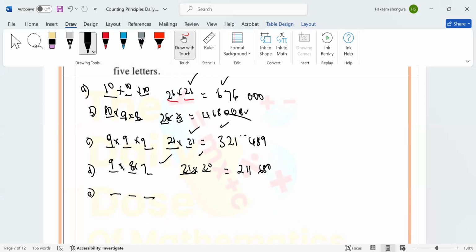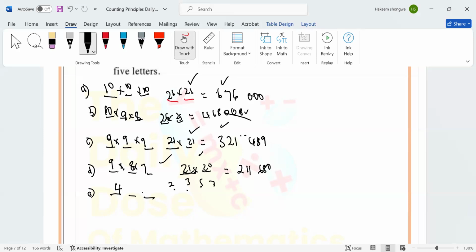So how many numbers can we choose from which are prime? Let's write the prime numbers. We have 2, 3, 5, 7. So how many numbers can we choose from? It's 4.